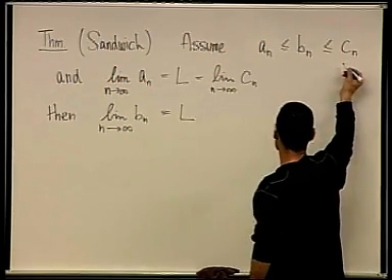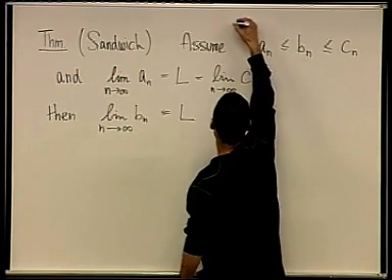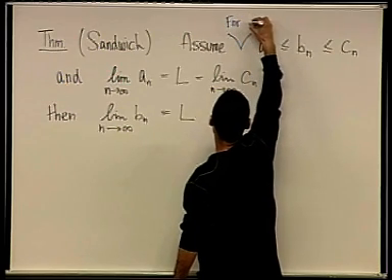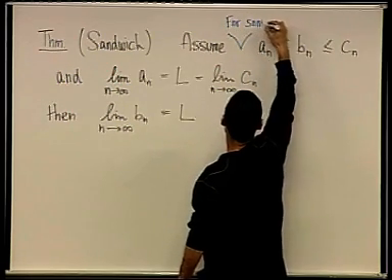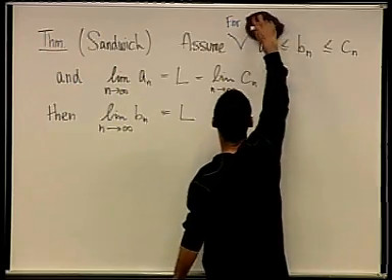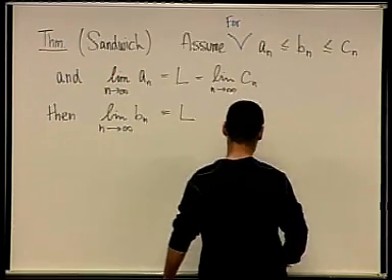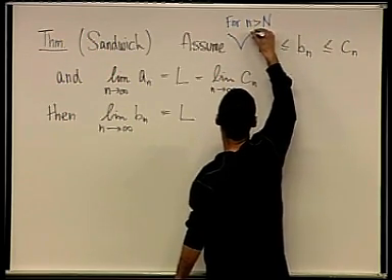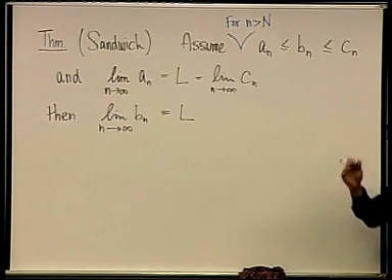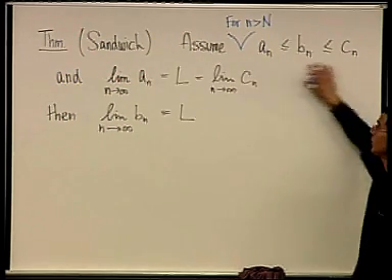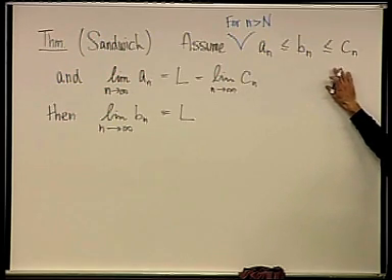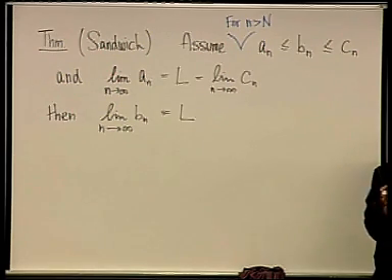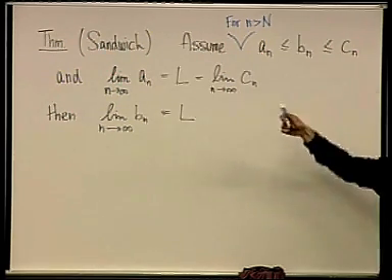So what I would add is: assume that for n greater than some N, this holds. So starting at some index, suddenly they start obeying this relation. Even if at the beginning, and the beginning can be very big, they didn't obey this, it doesn't matter.